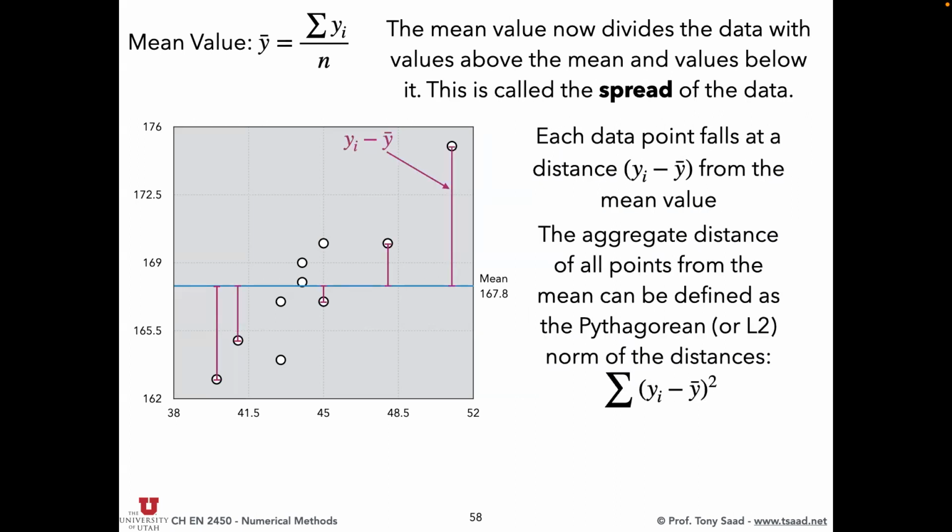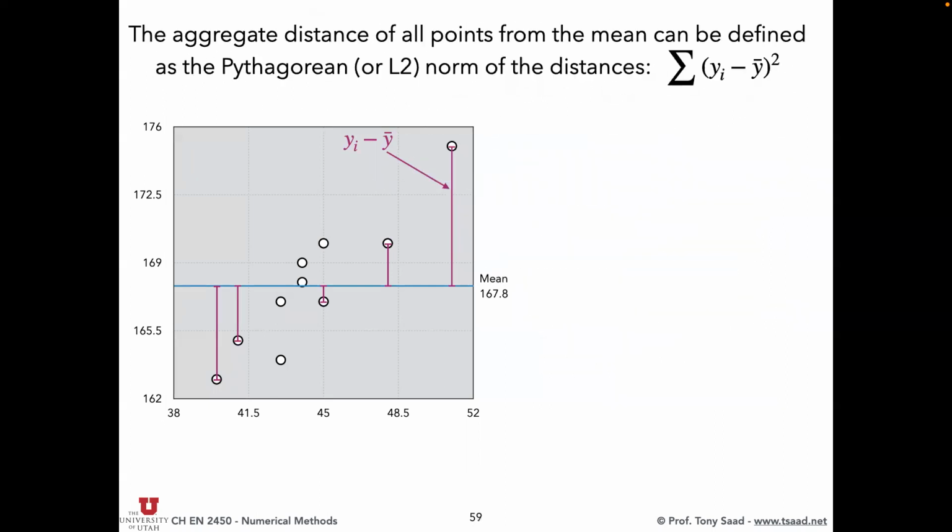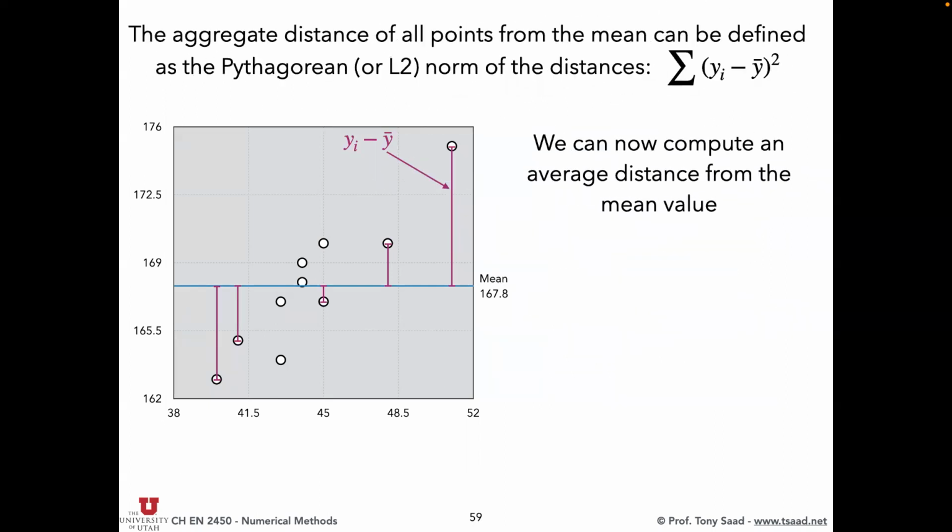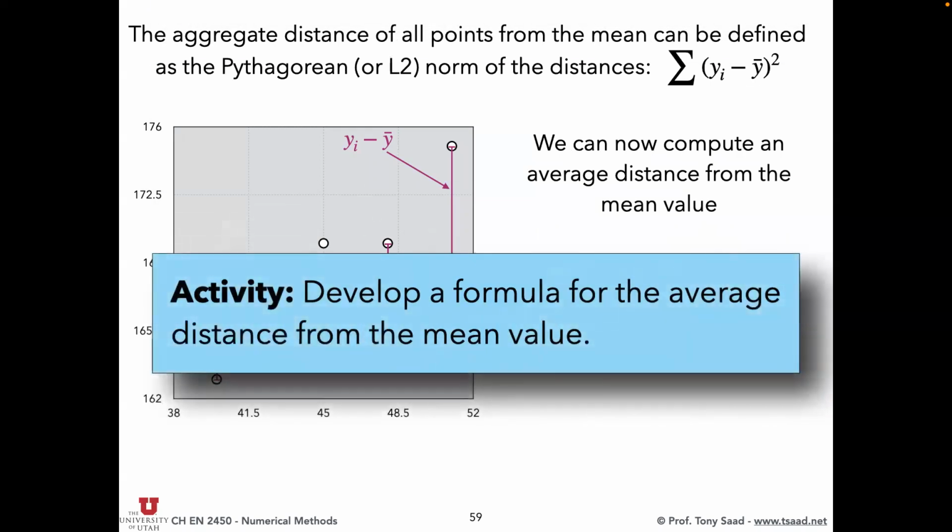So now how can you compute an actual average distance from the mean value? Go ahead and try to develop a formula. Right now, the summation of yi minus y bar squared is squared. I need to get rid of that square, but I also need an average distance. You have n observations, so think about how you would average that distance.